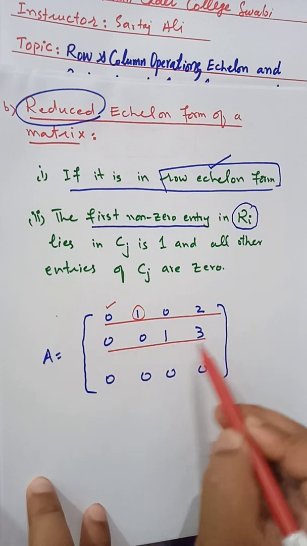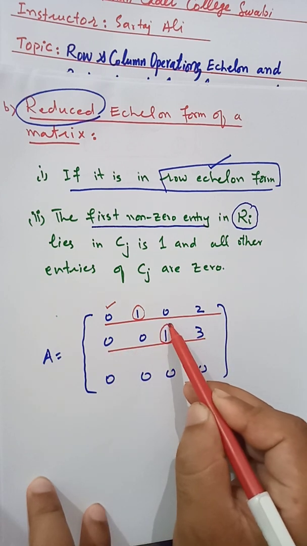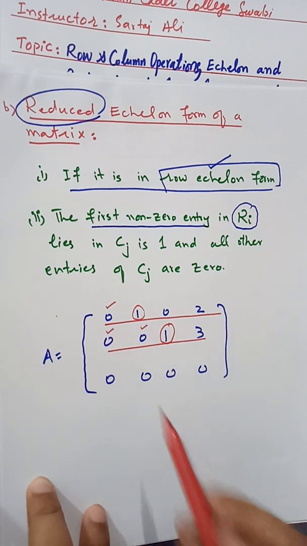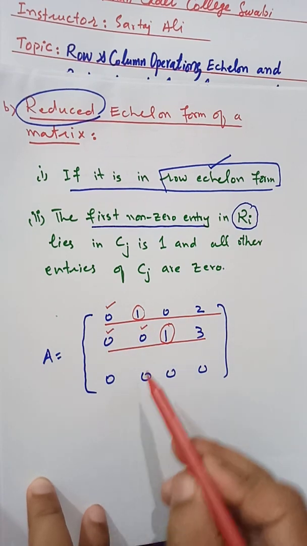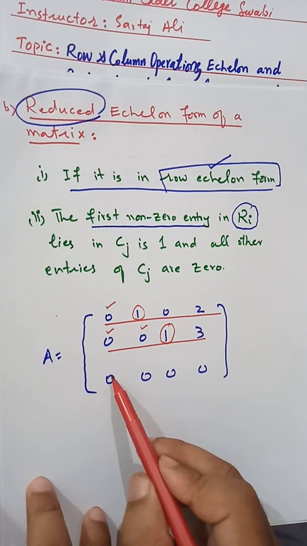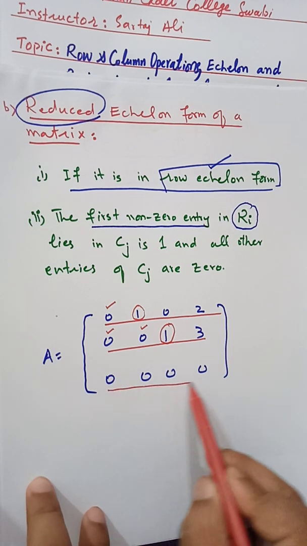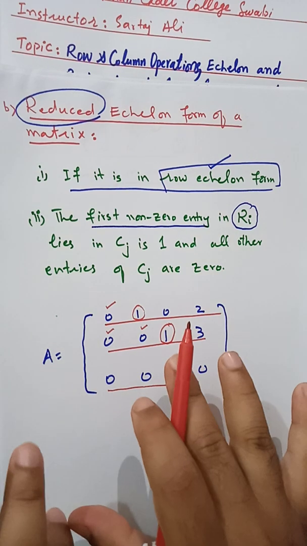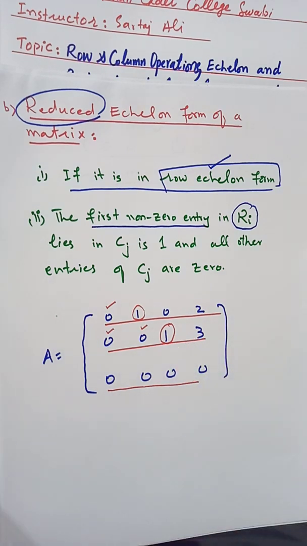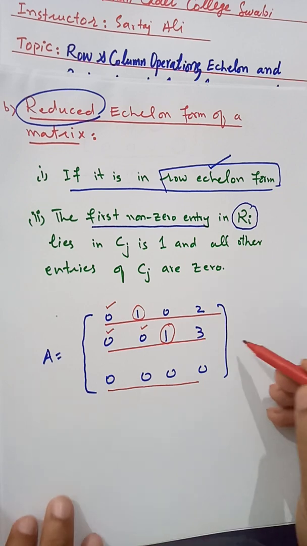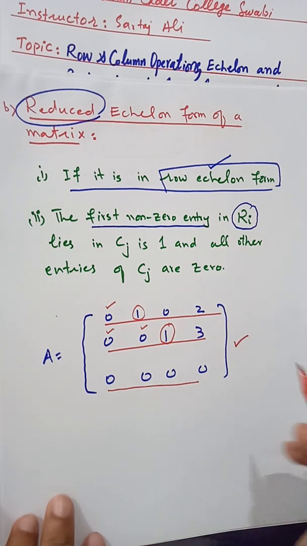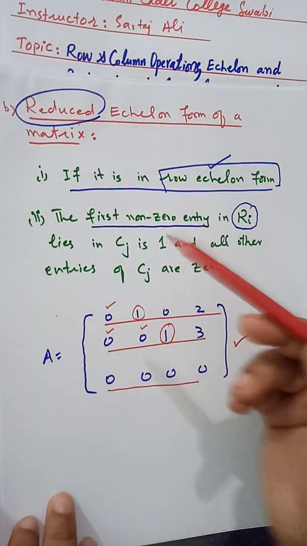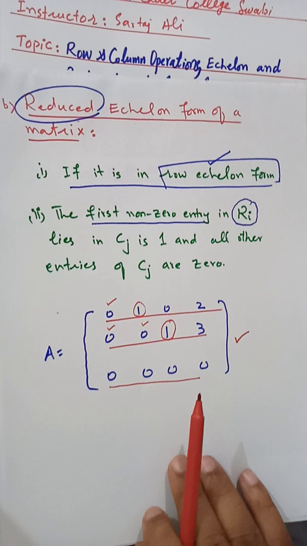This is the second non-zero row, and this is the first non-zero entry of the second non-zero row. The number of zeros is increased: there are 2 zeros. There is no other non-zero row, and this is the zero row, which is written at the end of the rows. So this matrix A satisfies the 2 conditions of the echelon form of a matrix. So this matrix A is in the echelon form. This is point number 1 for the reduced echelon form of a matrix, and this is true.